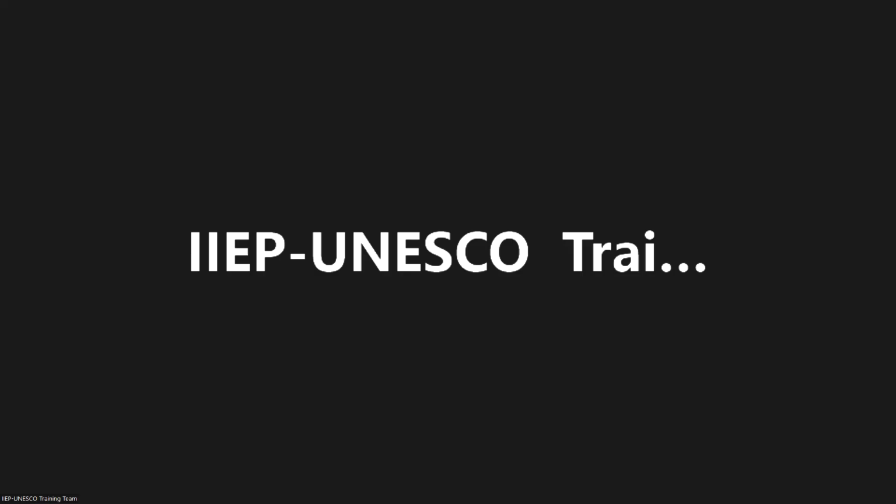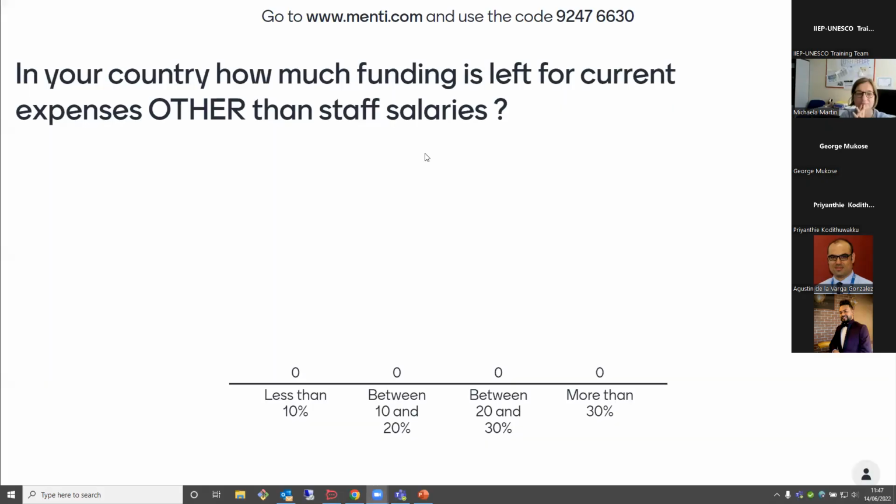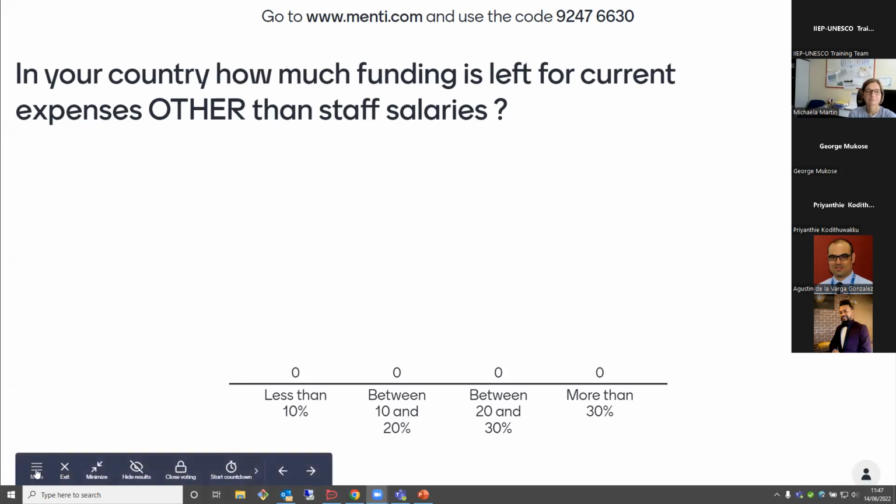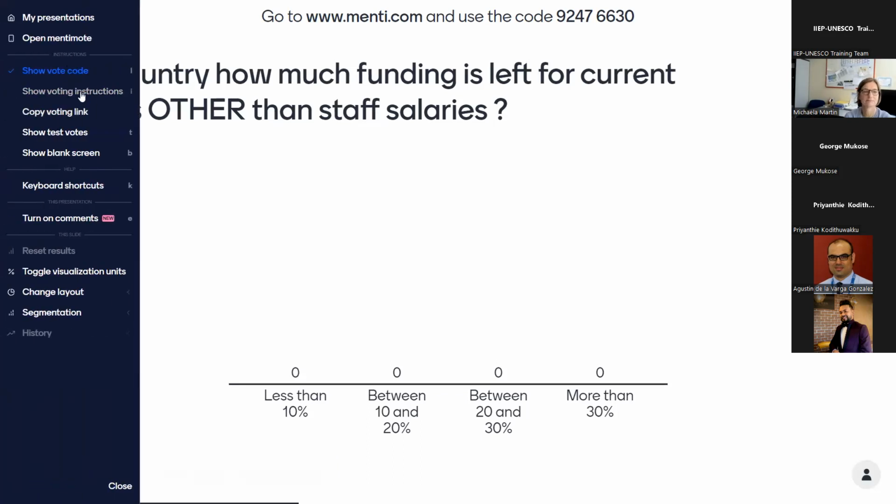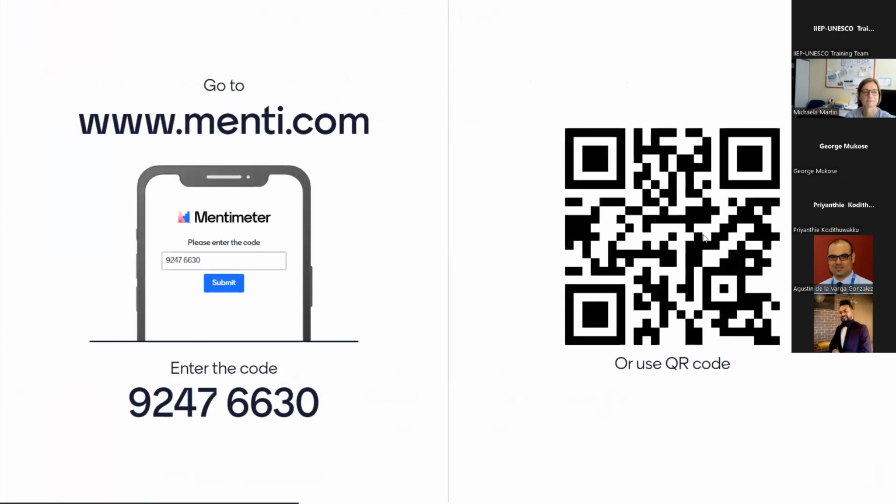Thank you, Michaela. Perfect. I'm sharing my screen right now. Again, you can go to menti.com and enter the code at the bottom of the screen, or you have the code in the chat. If you're on your mobile, I will give you some minutes to scan the QR code and access Mentimeter.